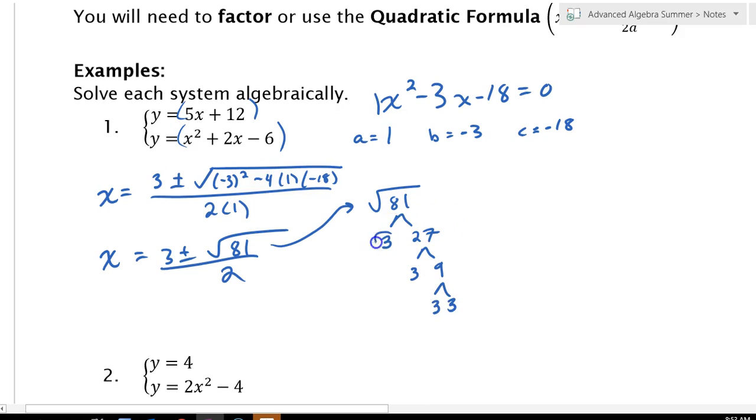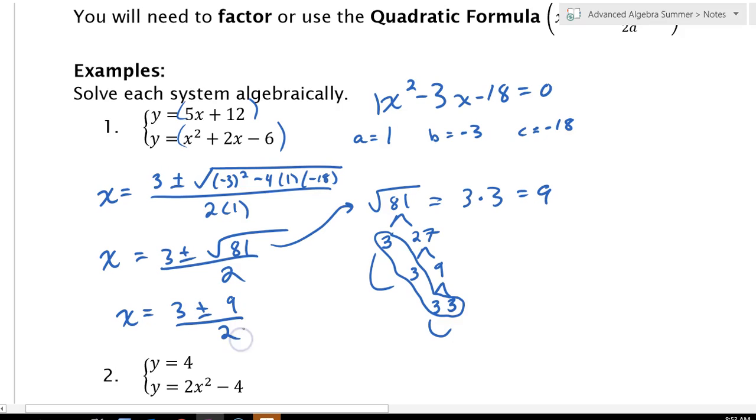I have all my primes right in that nice pattern we talked about. So I need a pair of numbers to take one out. So I have a pair of 3s, another pair, and nothing left over. So I lose my square root because I have nothing left in our circle here. 3 times 3 is 9. This gives me x equals 3 plus or minus 9 over 2.